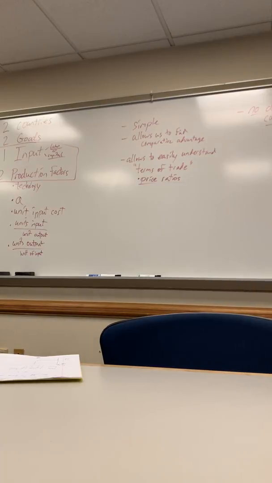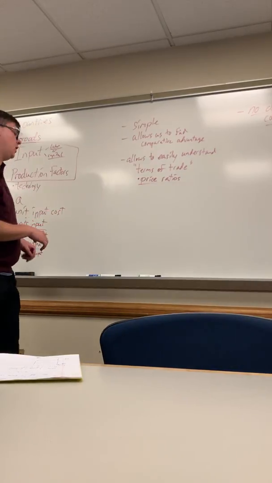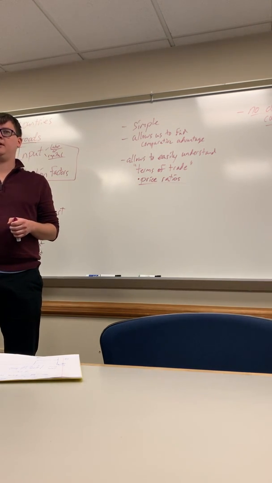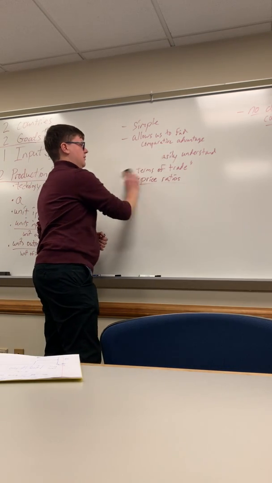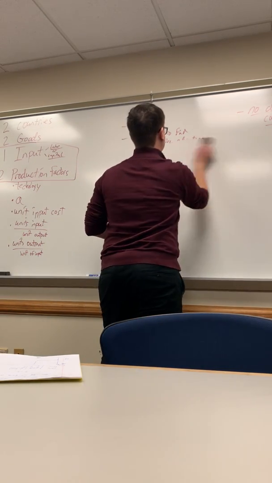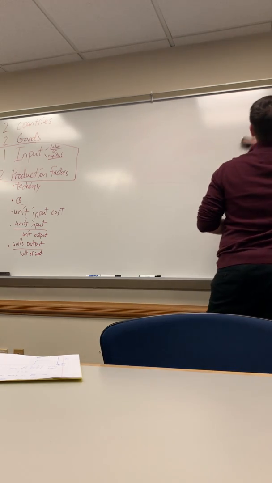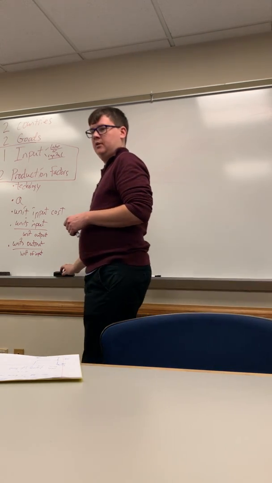Okay, cool. So we'll do a general setup of a question here, and then we'll solve it, and that will be our reminder of how to do a Ricardian model question. Any questions about what I just went over? Okay, cool.